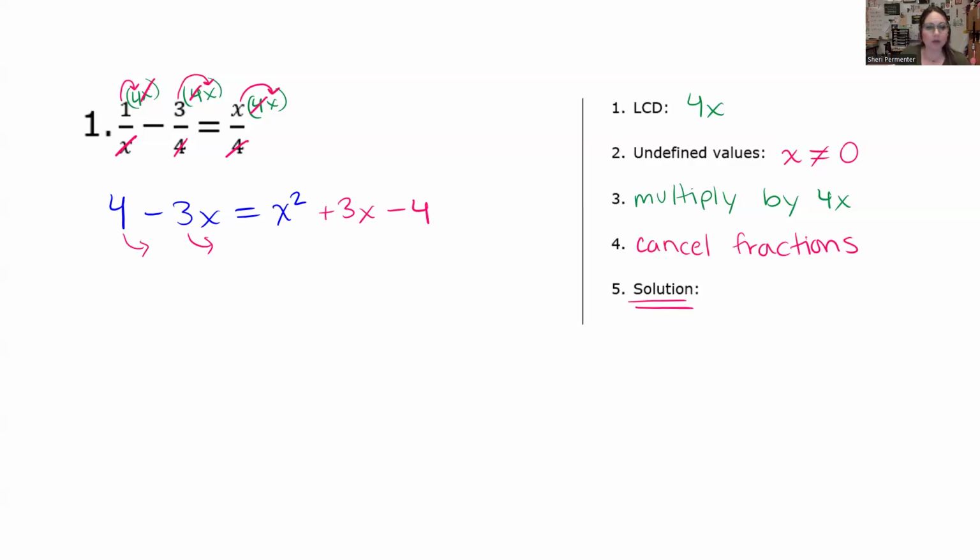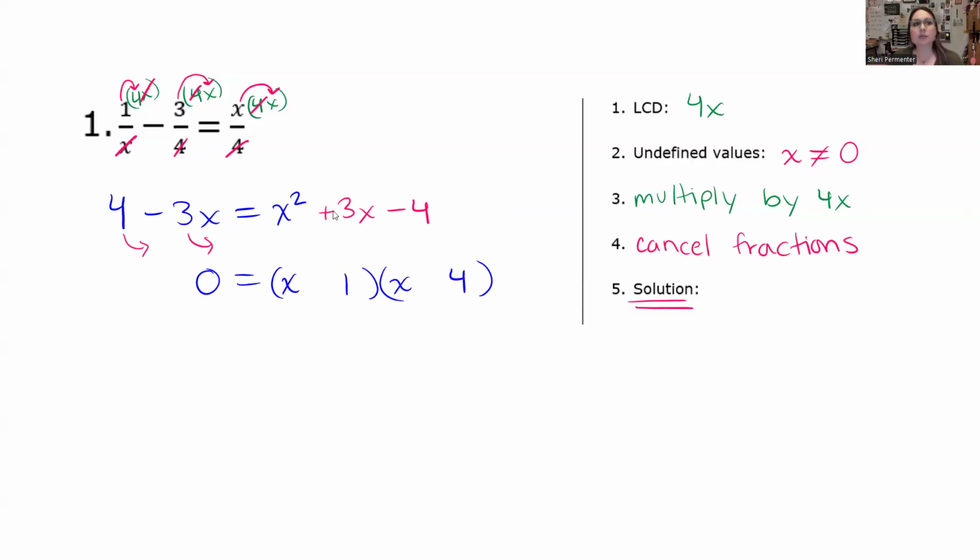And so now if I'm equal to 0, I can just go ahead and rewrite it as something factored. So what two things can multiply to give you 4 that could add or subtract to make 3? Four and 1 will work. So I put 2 x's and I've got 1 and 4.